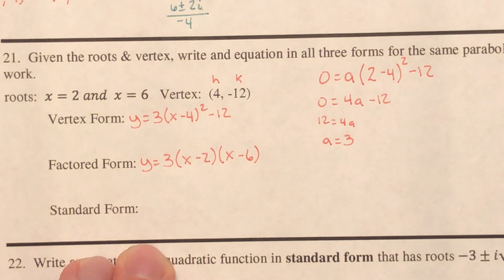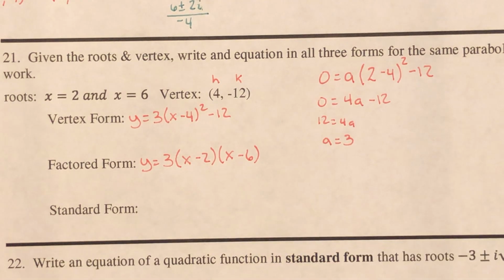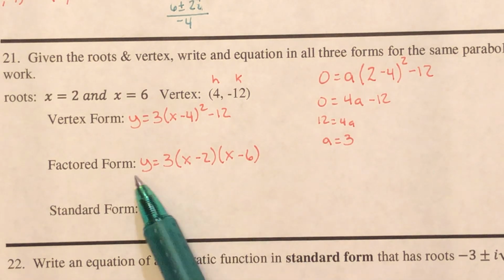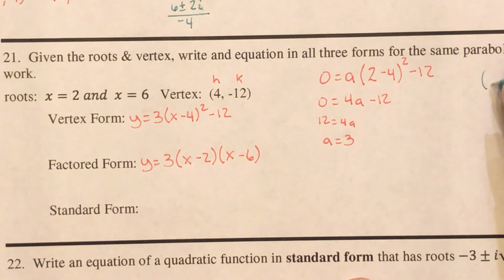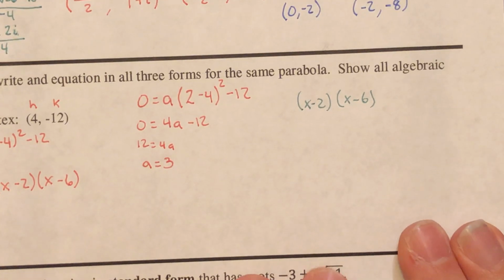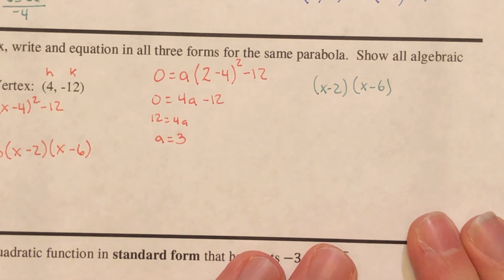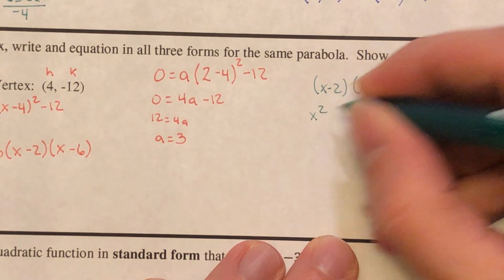To get standard form, I can really go from either one of these and expand it out. I'm going to go from factored form. So I would need to FOIL (x minus 2) and (x minus 6). So I have x times x gives me x squared.